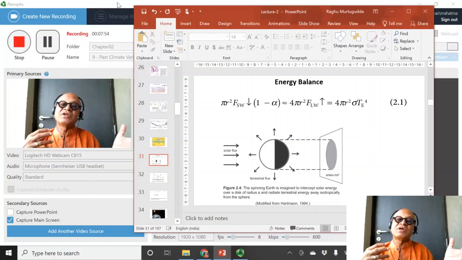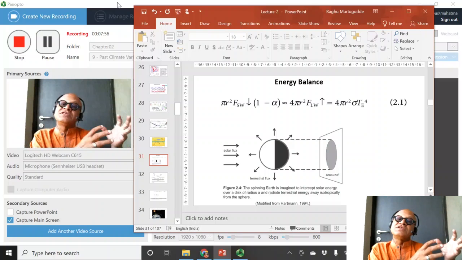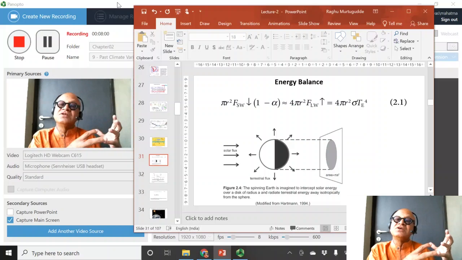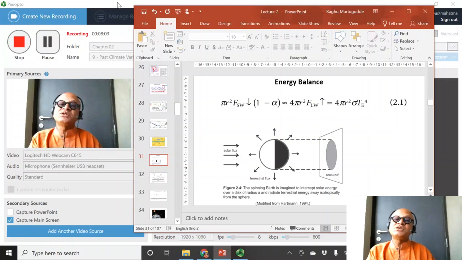All these things can be understood only if we know the sensitivity of the system and the processes that determine those sensitivities. So observations obviously are very, very, very critical.